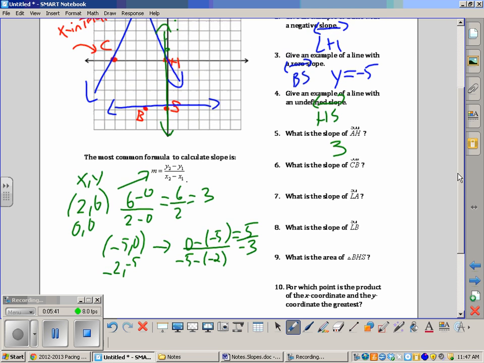So going from B to C, we have to go down 5 over 3. So 1, 2, 3, 4, 5, 1, 2, 3. Yep, it makes sense. So here's 5, and here there's 3. So negative 5/3.